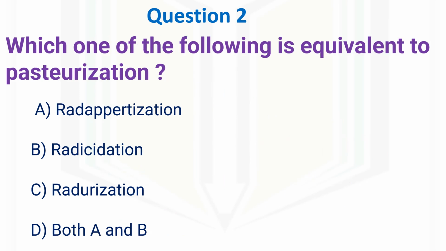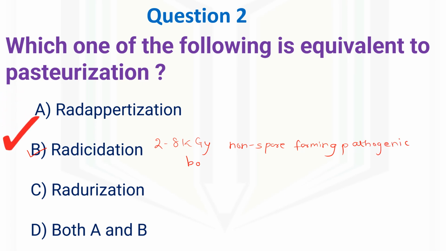Question number 2. Which of the following is equivalent to pasteurization? Options are radappertization, radicidation, radurization, and option D is both A and B. And the correct option is option number B, radicidation. Radicidation uses 2 to 8 kilogray of the radiation, and it will kill the specific non-spore forming pathogenic bacteria, except some viruses.